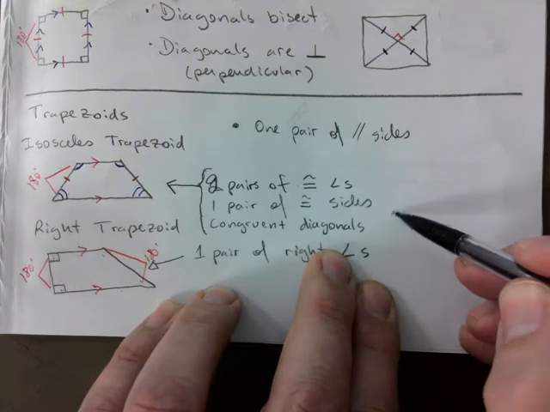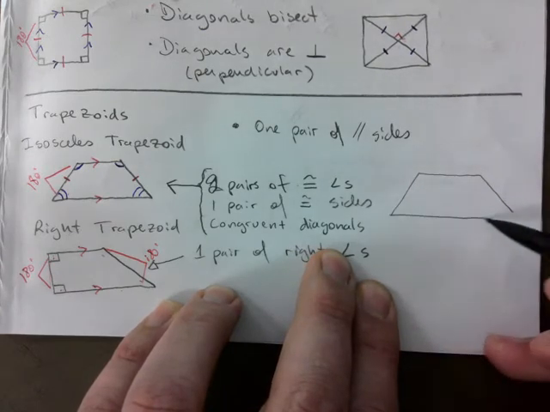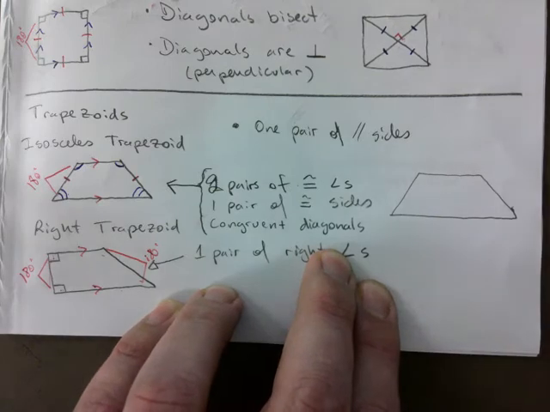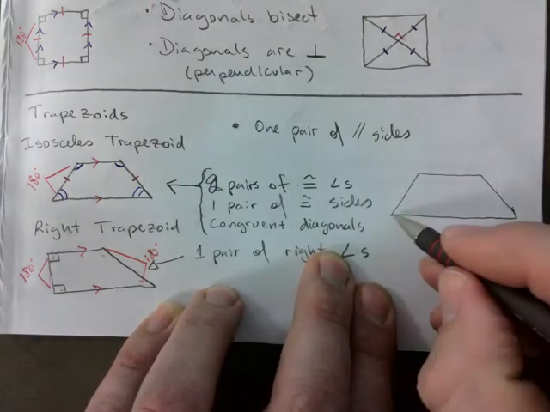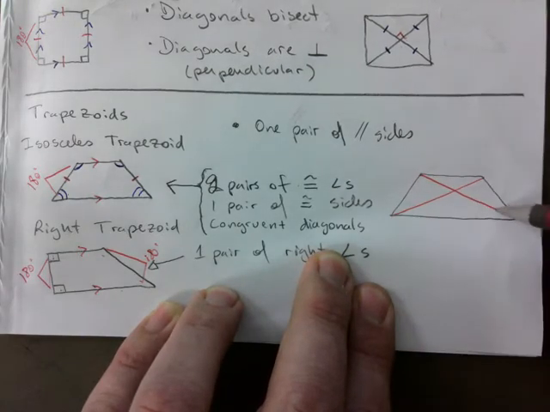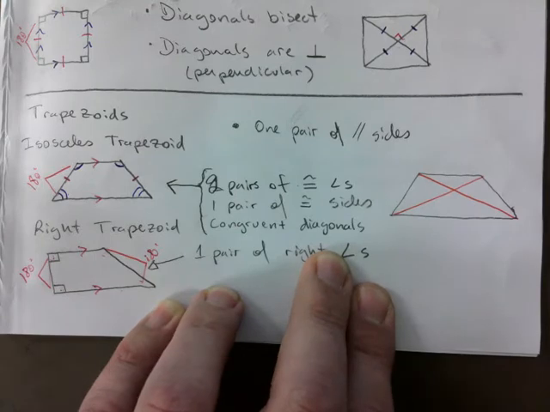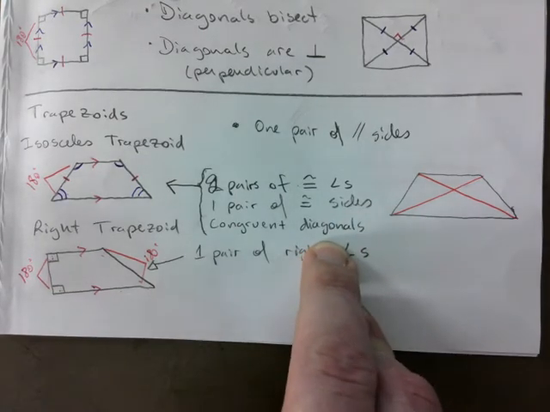So if you want to just have an isosceles trapezoid and just make the diagonals like this, they're the same length.